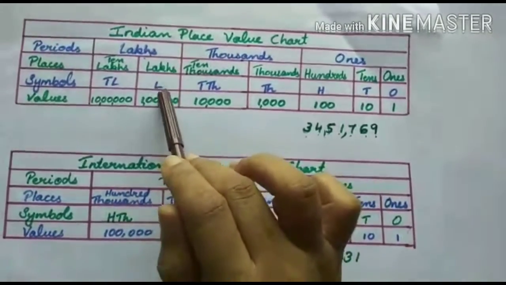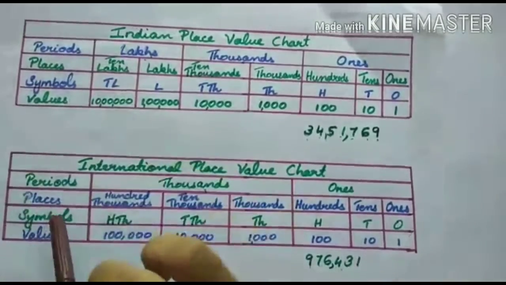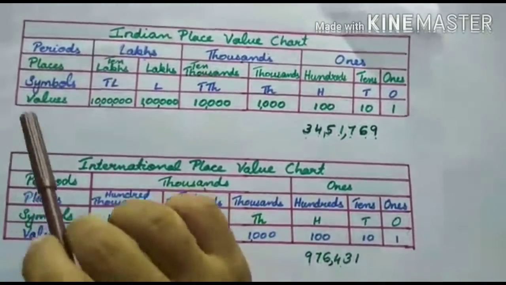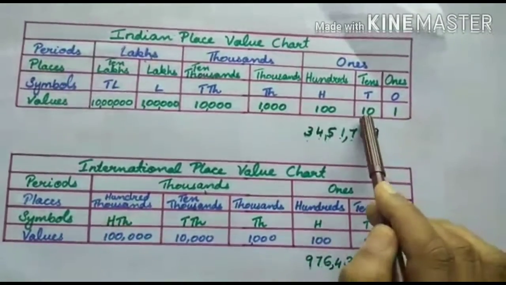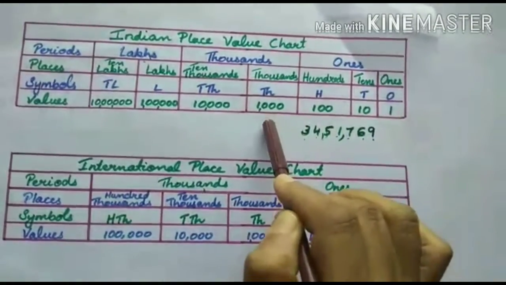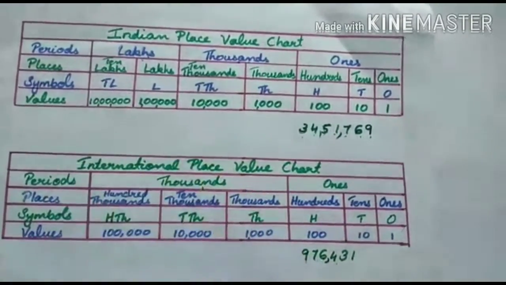For lakh, capital L. For 10 lakh, capital T and capital L. And the value of each place is 1, 10, 100, 1,000, 10,000, lakh and 10 lakh.